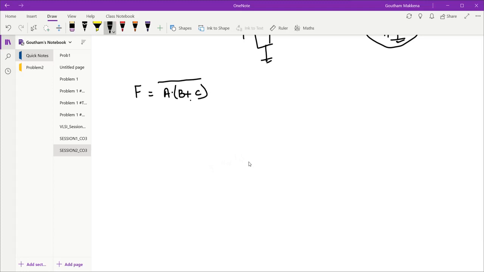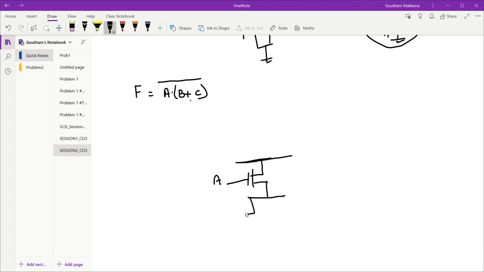So first let me write the pull down network. So I am drawing the pull down network. So this is my transistor A. So this is ANDed with B or C, and AND in NMOS is nothing but series. So A is in series with B or C, and OR in NMOS is nothing but parallel.